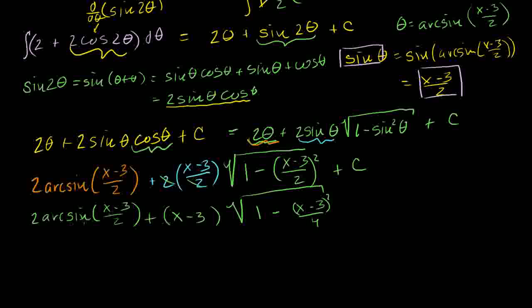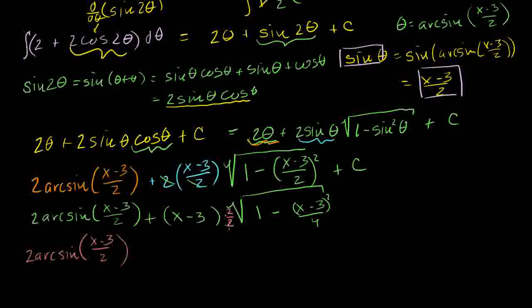this even more. Let me just focus on this term right here. Let's multiply and divide this by 2. So let's just multiply this times 2 over 2. And you might say, Sal, why are you doing that? Because I can rewrite this. Let me write my whole thing here. So I have 2 arcsine of (x minus 3) over 2.